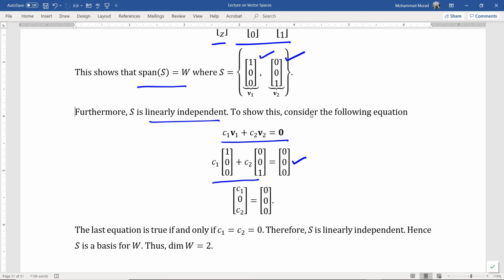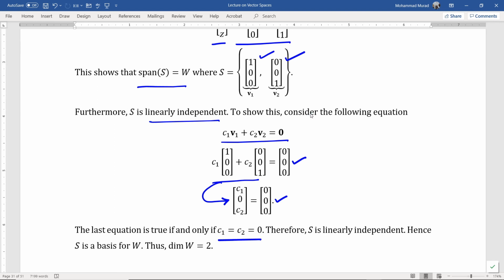The left-hand side of this equation can be written as a vector with components c sub 1, 0, c sub 2, which is equal to the 0 vector. This equation is true if and only if c sub 1 equals c sub 2 equals 0.